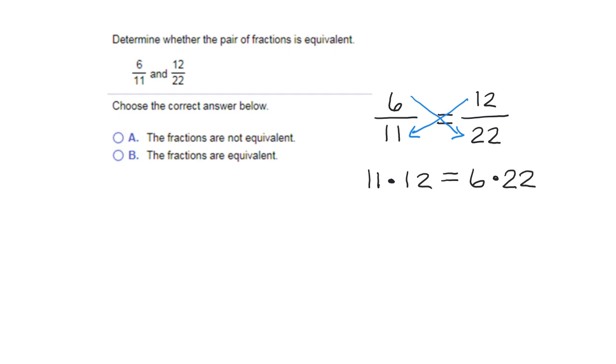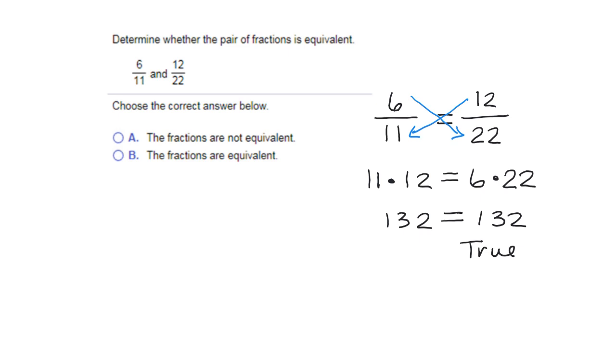So 11 times 12 results with 132. And 22 times 6 results with 132. Again, we have a true statement, so these items are considered equivalent.